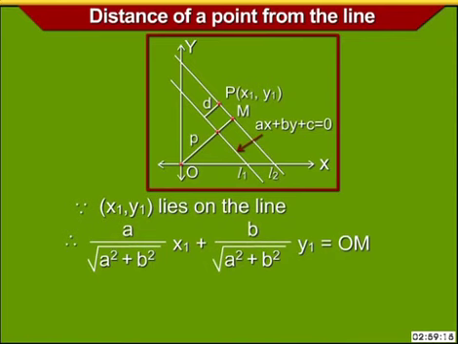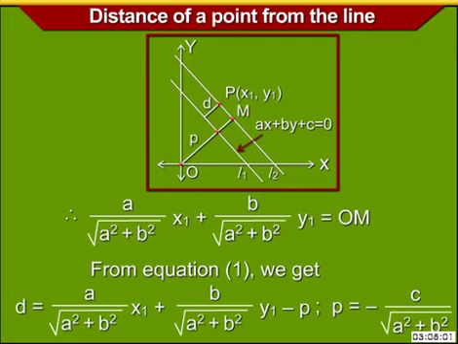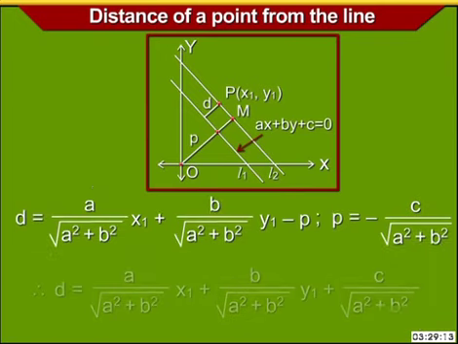Now from equation 1 we get D is equal to a upon square root of a square plus b square into x1 plus b upon square root of a square plus b square into y1 minus p, where p is equal to minus c upon square root of a square plus b square. Therefore, D is equal to a upon square root of a square plus b square into x1 plus b upon square root of a square plus b square into y1 plus c upon square root of a square plus b square.